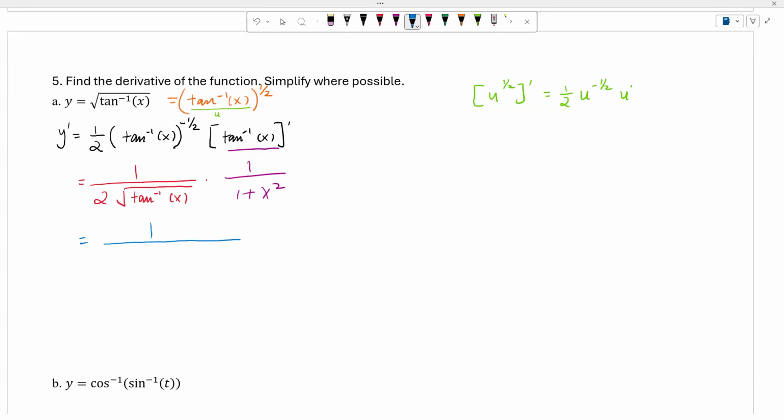I will have 1 over 2 times 1 plus x squared times square root of tangent inverse of x. So this is my y prime.